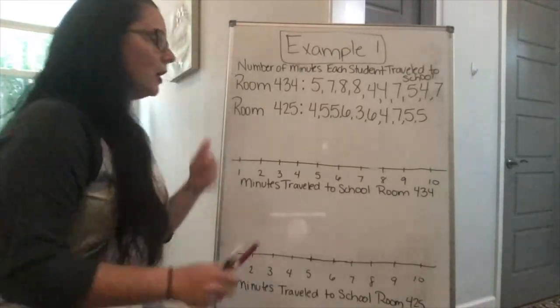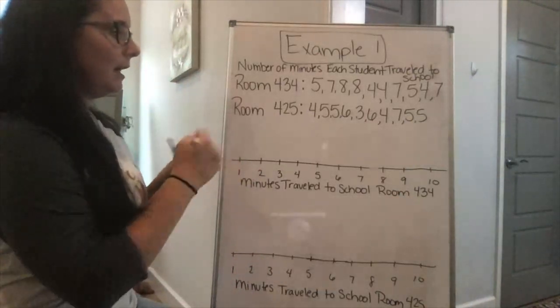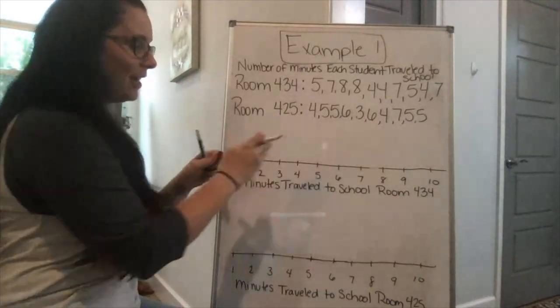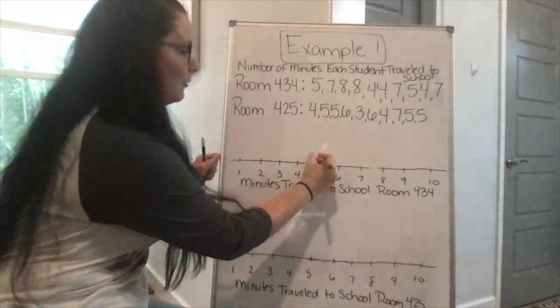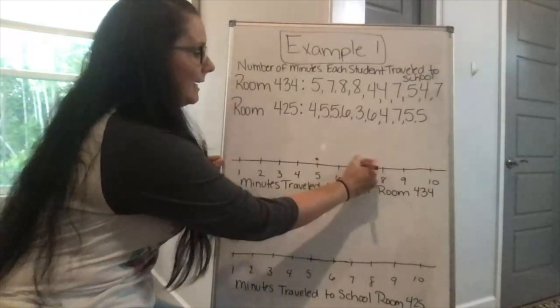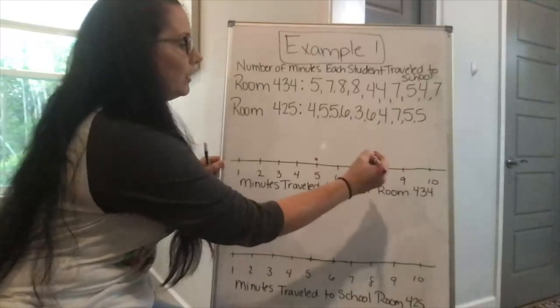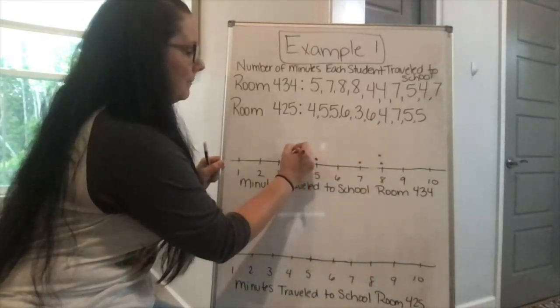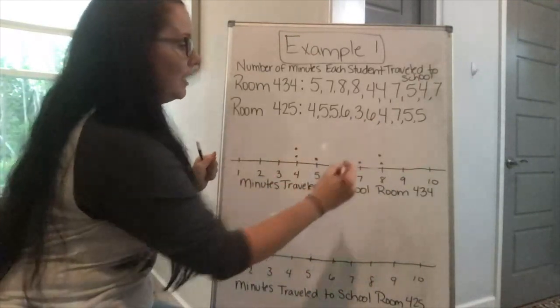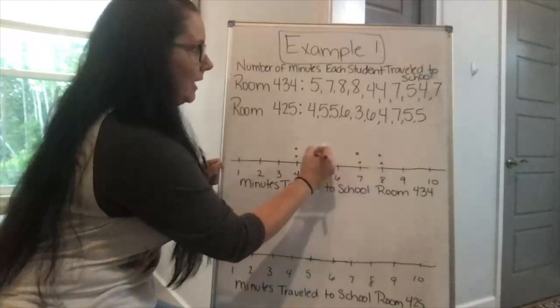So our dot plot will have a dot for every single data point. What I'm doing right now is taking each of my data points from room 434 and placing them on the dot plot where they belong based on their value.